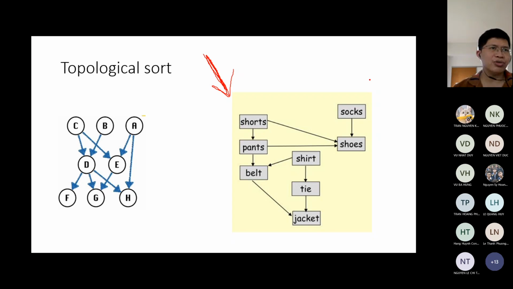Now your task is to run the algorithm to do the topological sort order, and while you are running the DFS, please check for the loop at the same time. So we combine the DFS and the loop checking, or the circle checking, in one algorithm, and that's it.